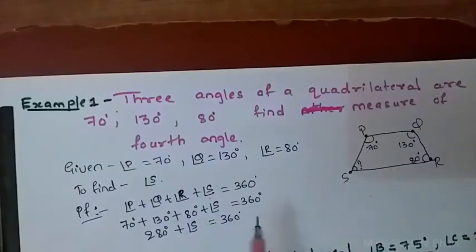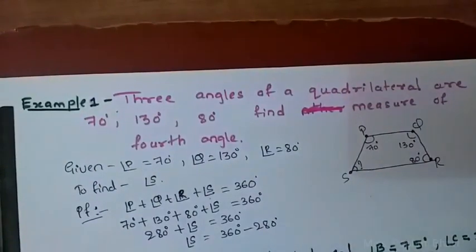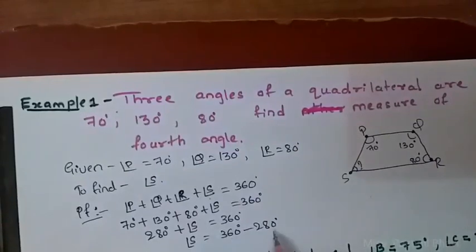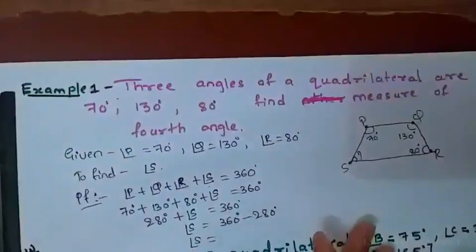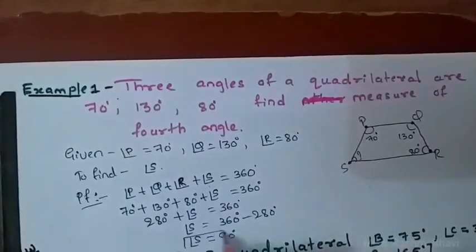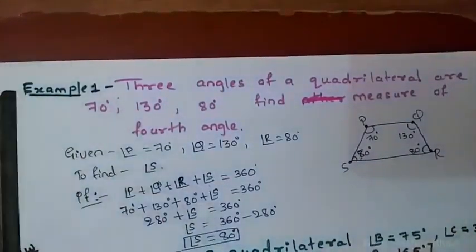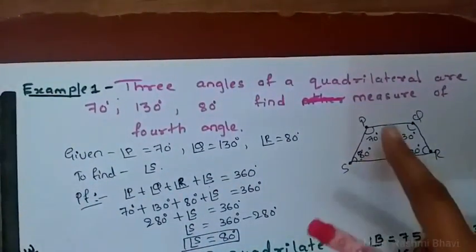Here the sign will be changed. So angle S is equal to 360 degree minus 280 degree. So 360 degree minus 280 degree is how much? We got the answer, 80 degree. Angle S is equal to 80 degree.